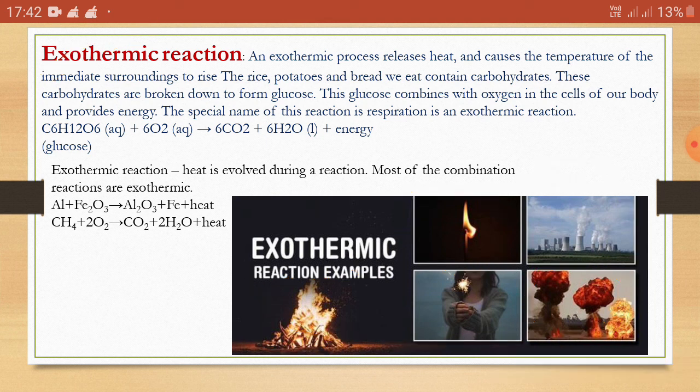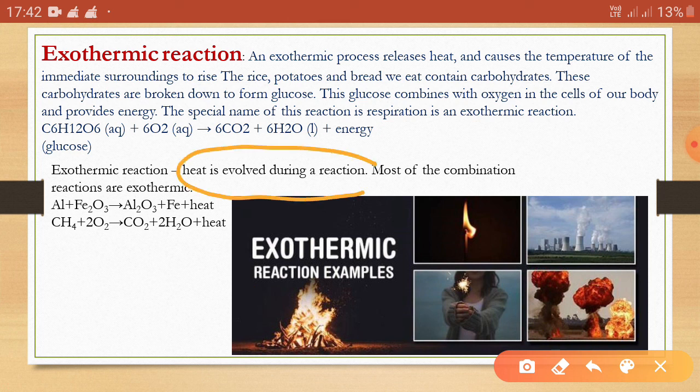So in an exothermic reaction, heat is evolved during the reaction. The example is C6H12O6, a combination of carbon, hydrogen and oxygen, known as glucose.